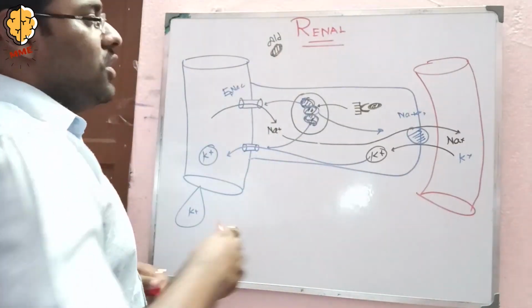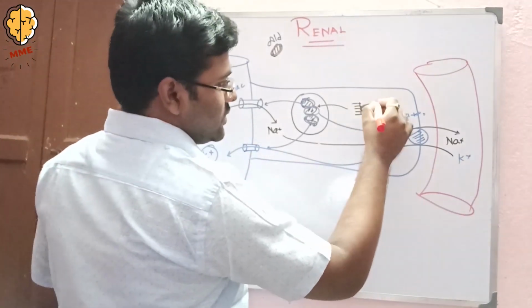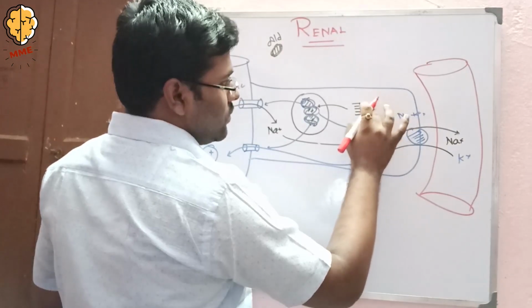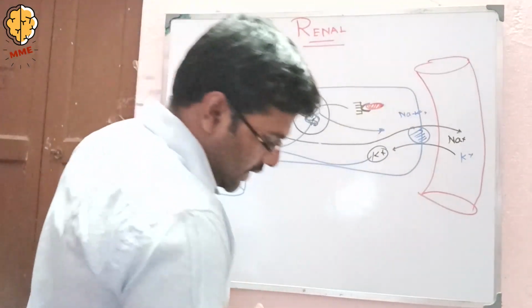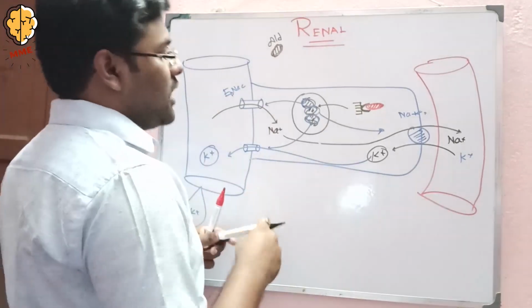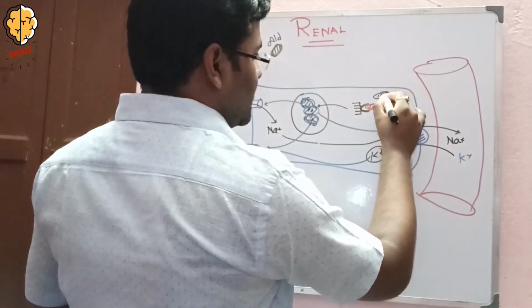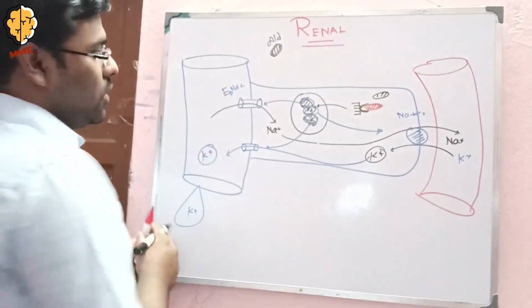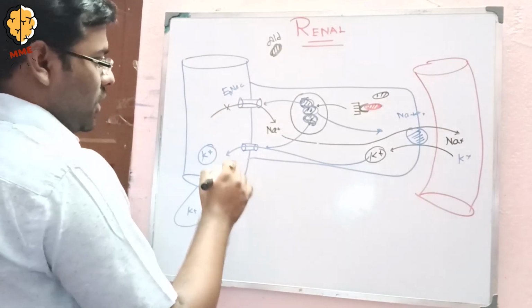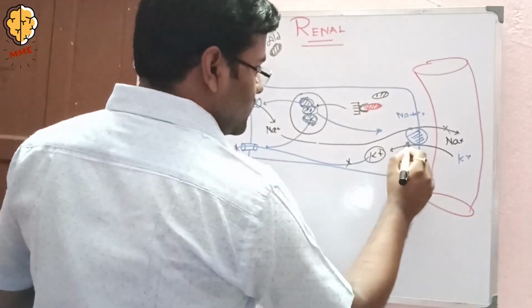Now, spironolactone binds with the same receptor. The affinity of spironolactone towards the aldosterone receptor is more than that of aldosterone. So aldosterone gets detached, and the whole process will not occur. So there is no sodium input and no potassium excretion.